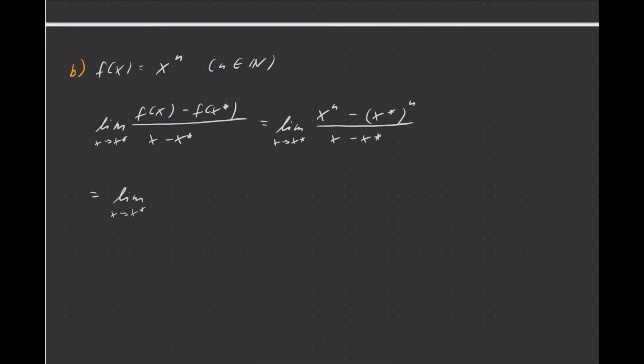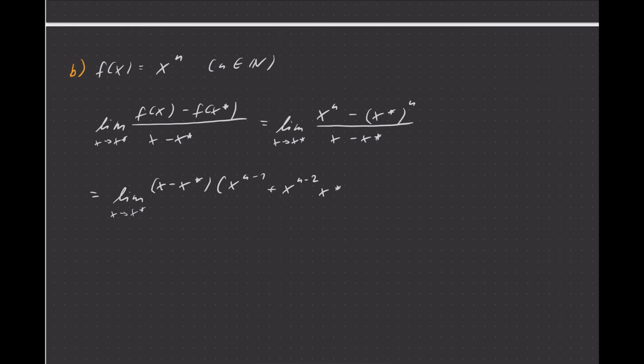Now we want to factor out x minus x star here in the numerator. And if we do that, what remains is, let's see, we need x to the power of n minus 1. So this times this is x to the n. That's exactly what we need here. And now if we multiply this by this, we get minus x star times x to the n minus 1. To make up for that, the second factor in our expression here will be x to the power of n minus 1 times x star.